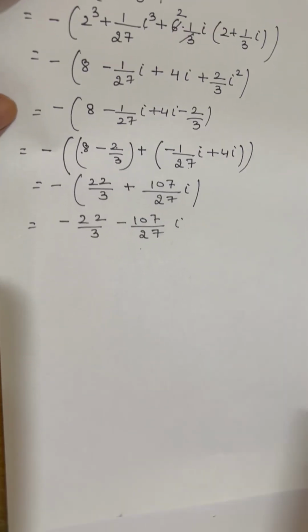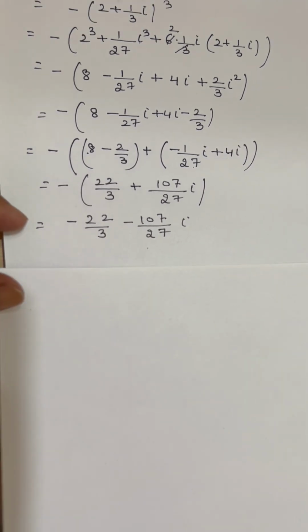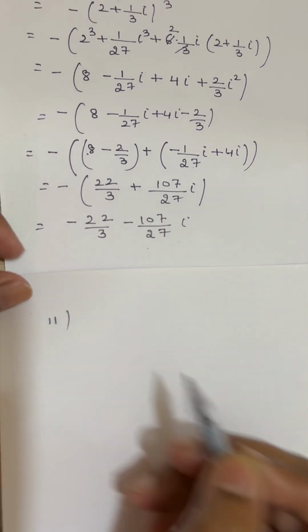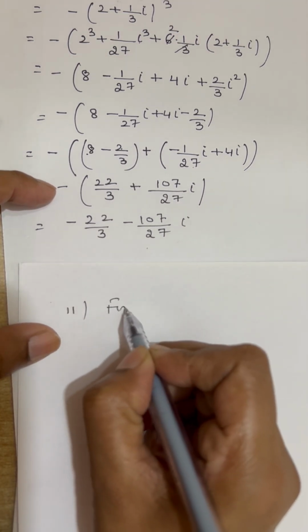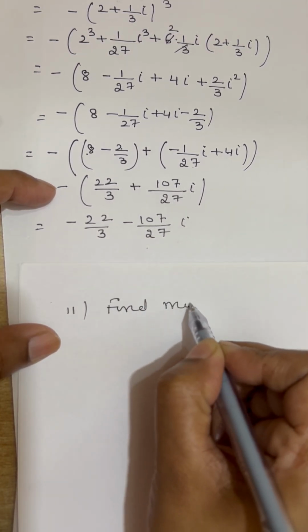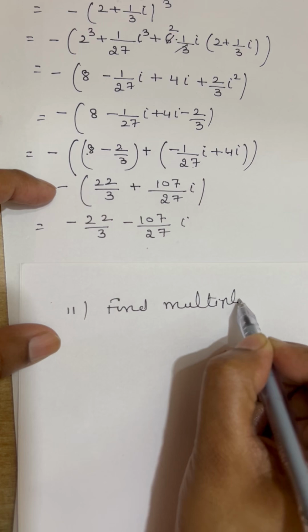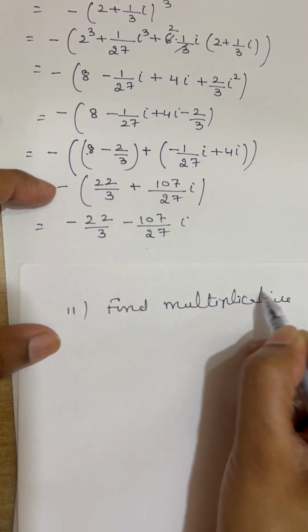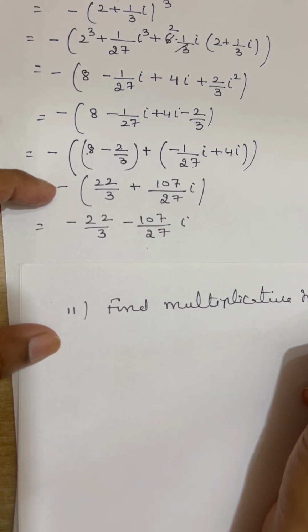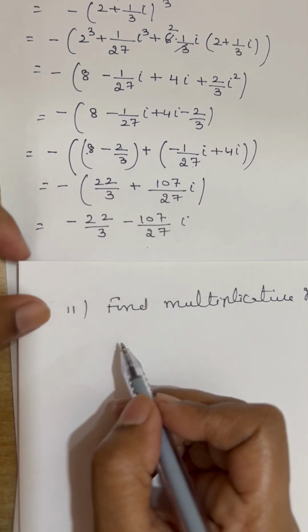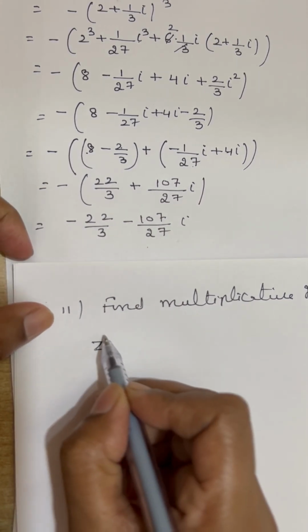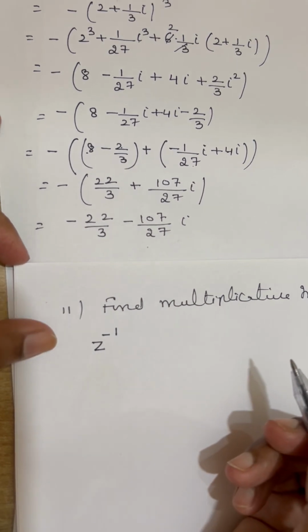Question number 11. Find the multiplicative inverse of the following complex numbers. So first part is 4 minus 3 iota. So in the last lecture I had discussed what is the formula of multiplicative inverse.